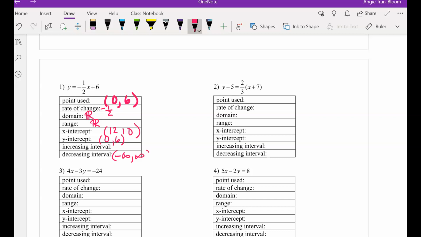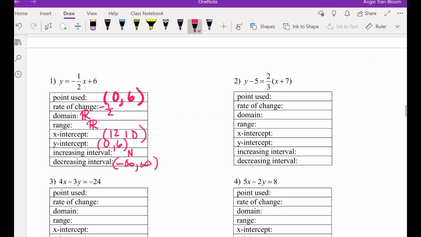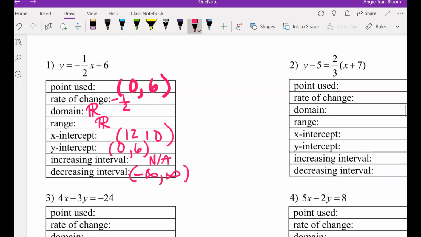And we close it up with the other parenthesis. This is read: decreasing interval from negative infinity to positive infinity. That means on the increasing interval, we are going to write NA. NA means what? Not applicable, because for lines, it's either decreasing, increasing, or constant.